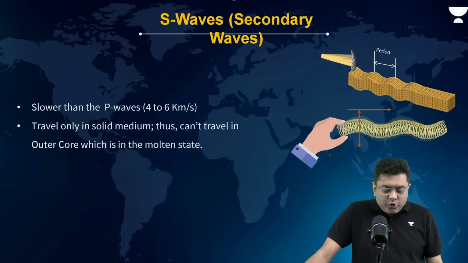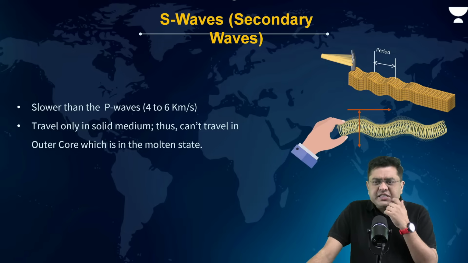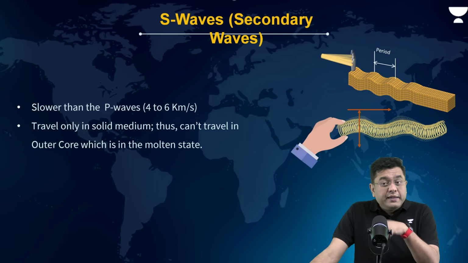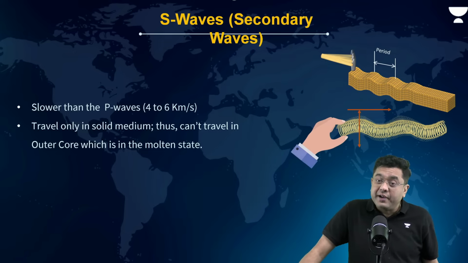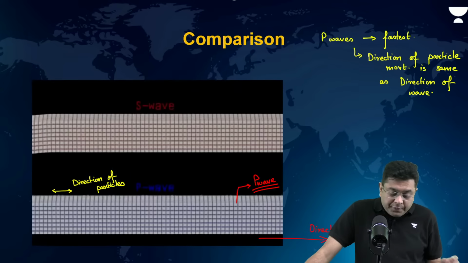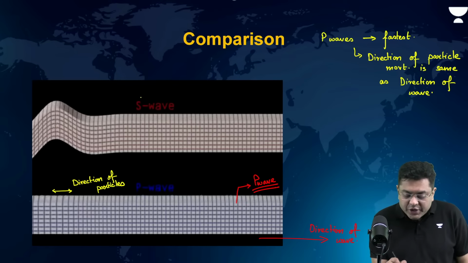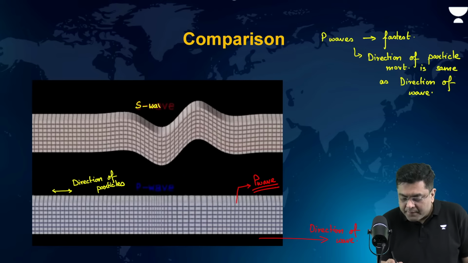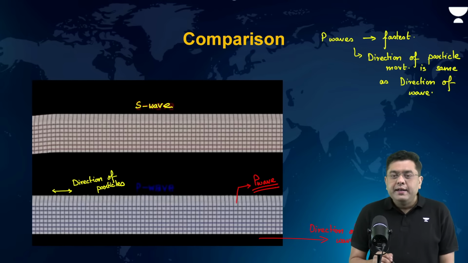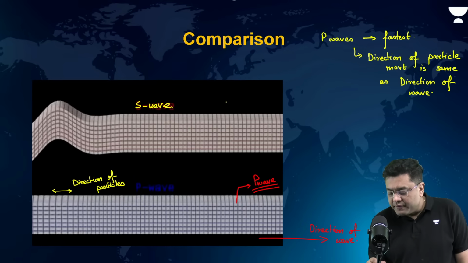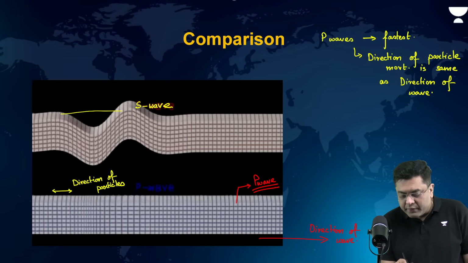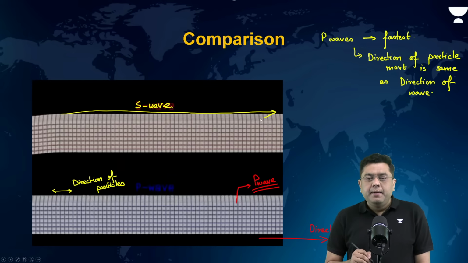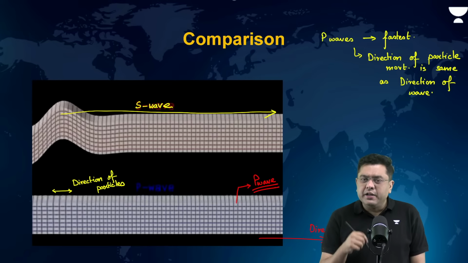Now, you have the case of the S waves, which are comparatively slower. Why? Because in this, the particles move differently. If you observe, this is the representation of your S wave. Now, what is the direction of the wave? The wave is moving like this, in this direction. But how are the individual particles moving?